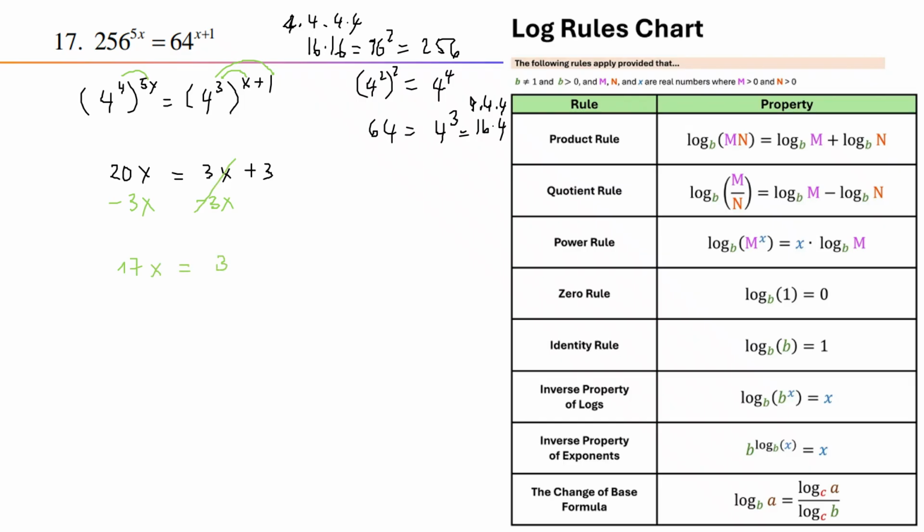This one gone. Now x will be equal 3 divided by 17. We divide by 17 on both sides. Yes, divide both sides by 17, not 7, sorry. So we can isolate x. So you see that if you know the formula well, then it reduces the time you spend on a problem.